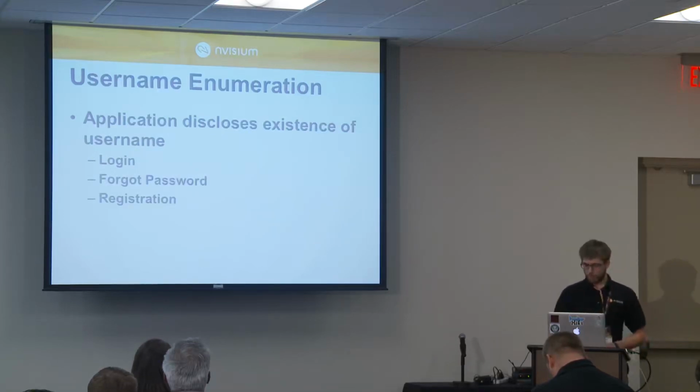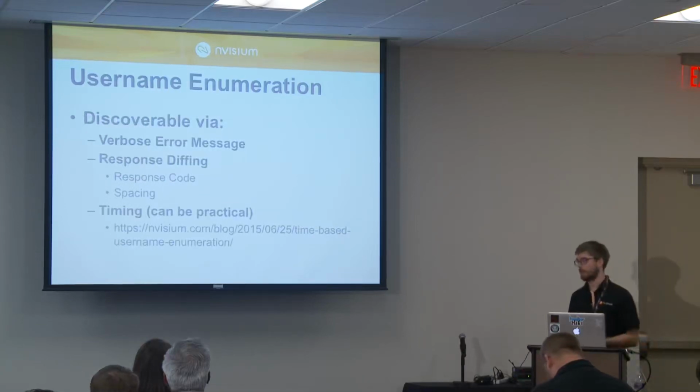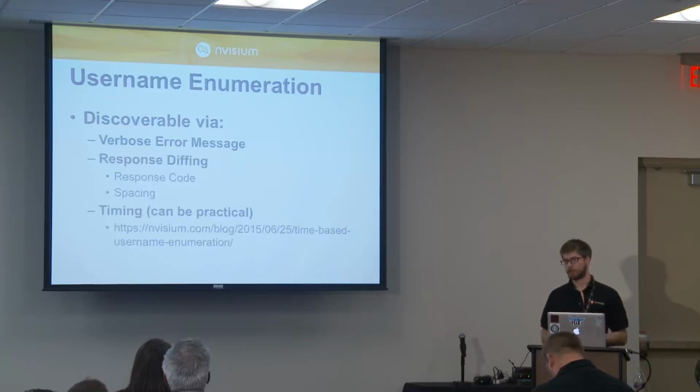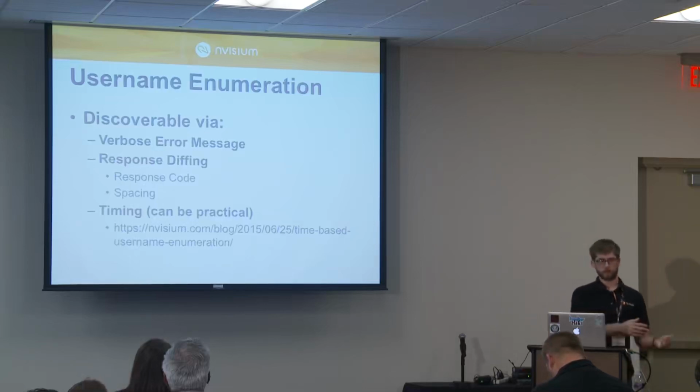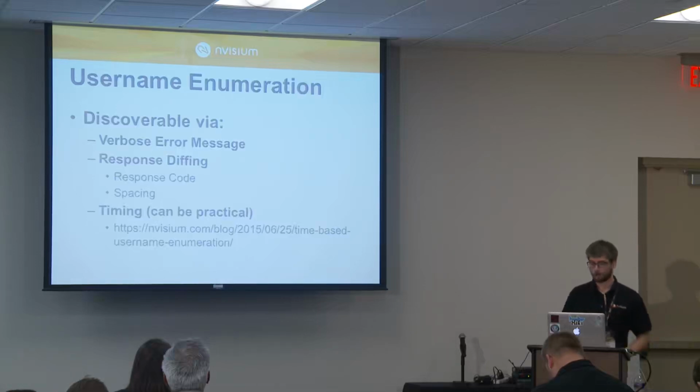So as an attacker, we can discover username enumeration by looking for verbose error messages. So I'm sure everyone here has seen an error message at one point that says, the username does not exist in the system, or incorrect password for username. And that tells us, okay, that username does exist in the server. Response diffing.